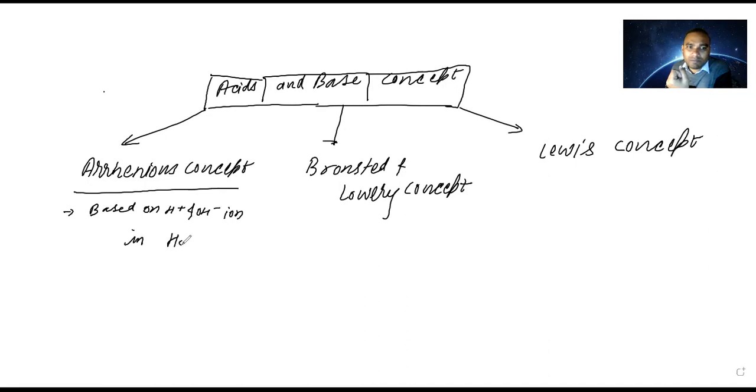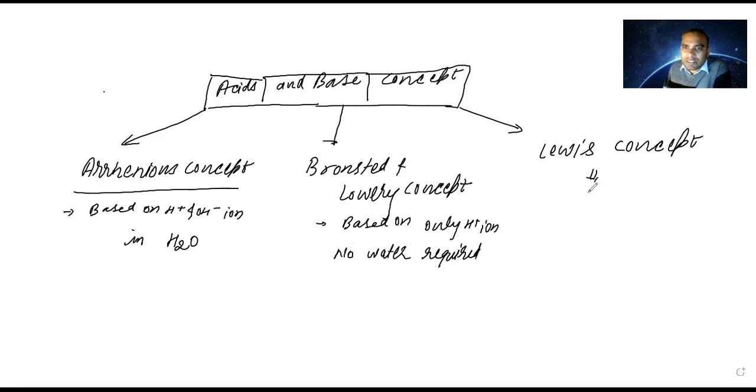The Bronsted concept is based only on H plus ion, and no water is required; water is not a compulsory condition. The Lewis concept is based on lone pair electrons.